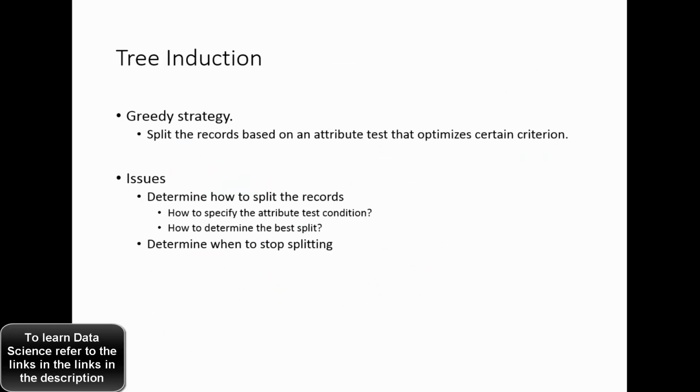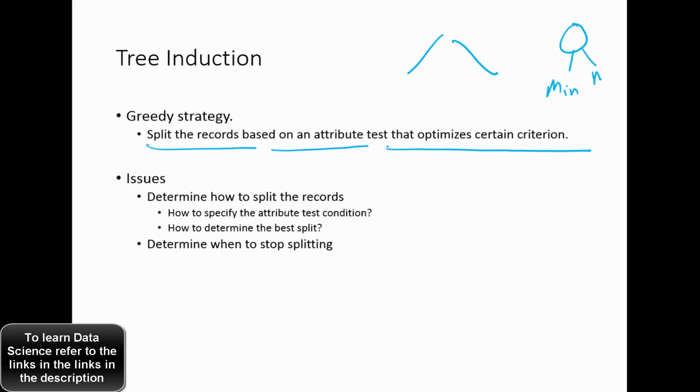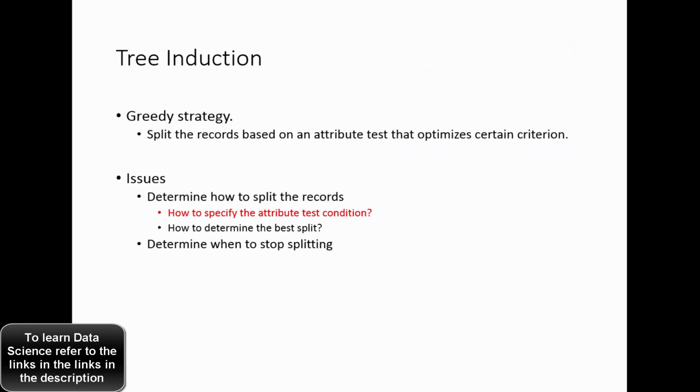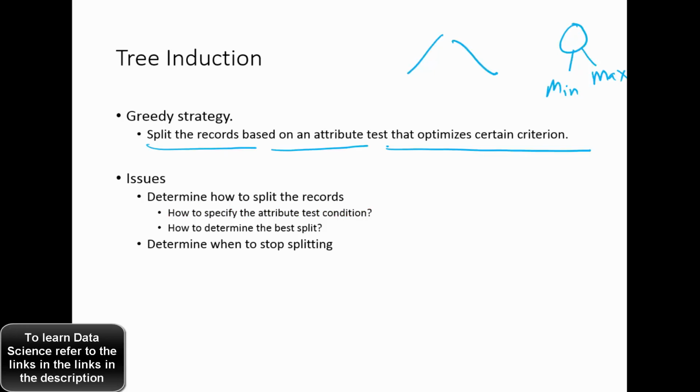So how do we come up with this tree? Split the records based on the attribute test that optimizes certain criteria. Now you do the classification in such a way that there is some criteria which is optimized. That means it is either minimized or maximized.